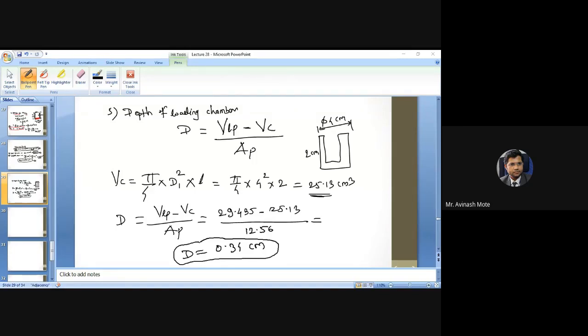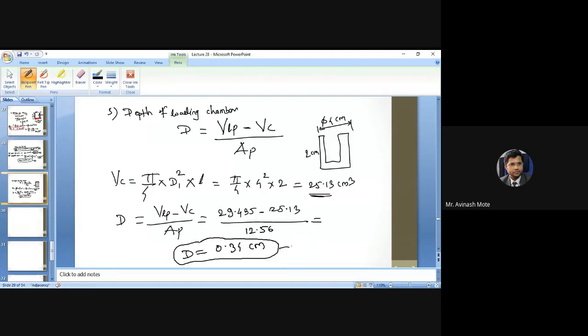Let me check calculations once again. 29.43 minus 25.13 divided by 12.56, 0.342. Okay, so that is okay, no problem. So that will be the depth of loading chamber, right? So this part also we got.